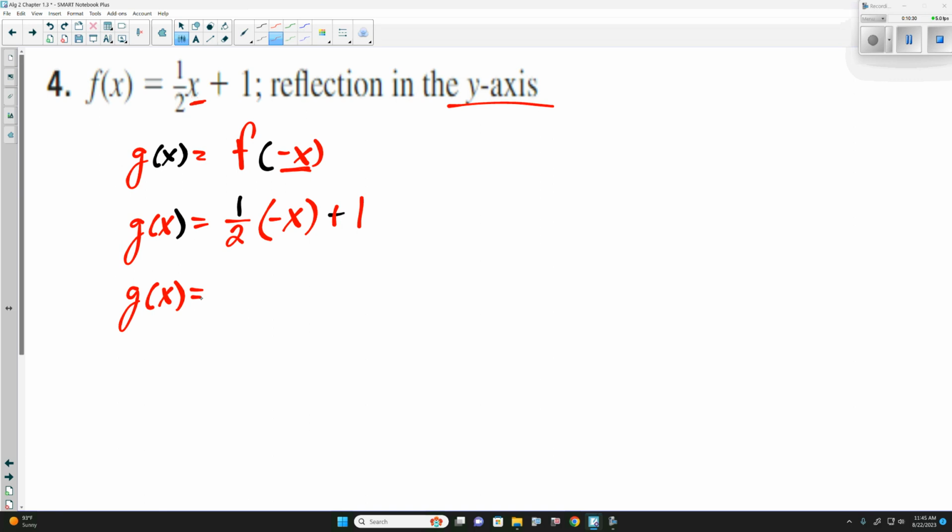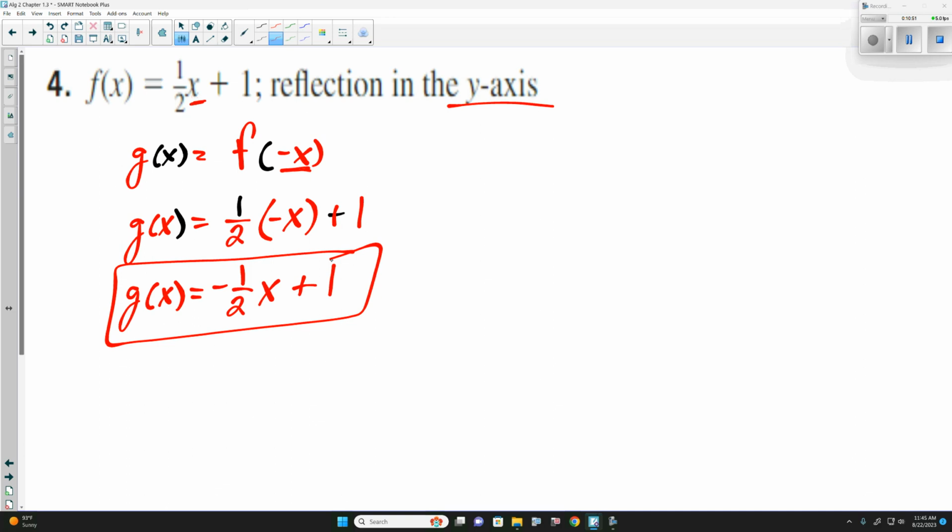A positive times a negative would make it negative. So it's just negative, 1/2 x plus 1. That's it. Questions on any of this here?